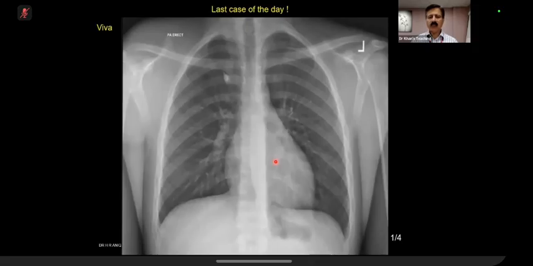And the key thing here is do not keep quiet, never keep quiet. After 5 seconds, 10 seconds, just start describing and say that I do not see any obvious finding, so I'm going to go through my protocol or whatever. And you start describing, lungs are clear, heart is this, hilum is this, trachea is this.